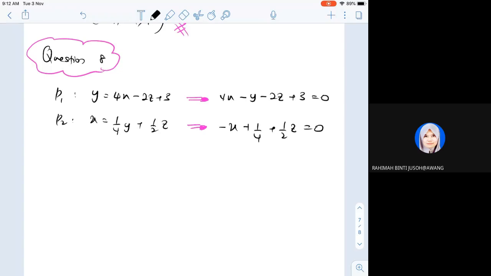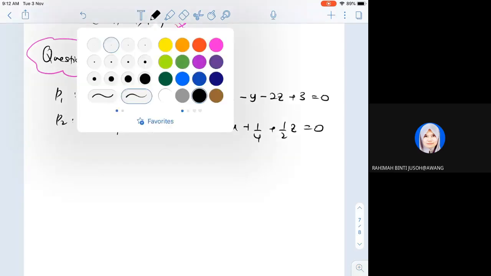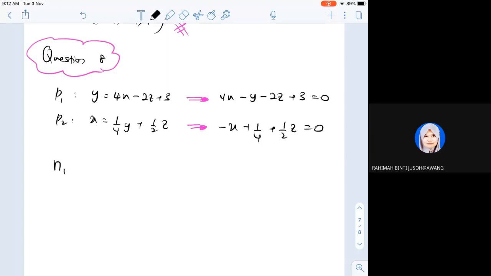Okay guys, what is the normal vector of the first plane? N1. From the first plane, can you give me the normal vector? What is ABC?